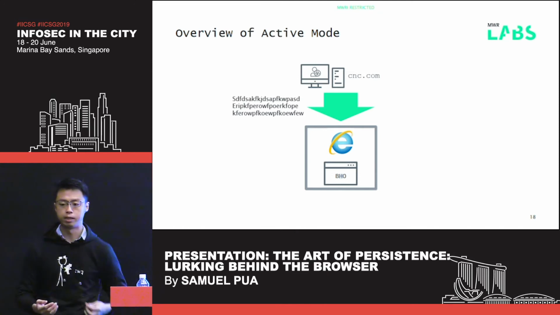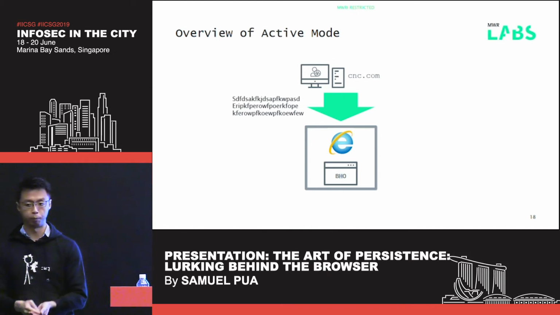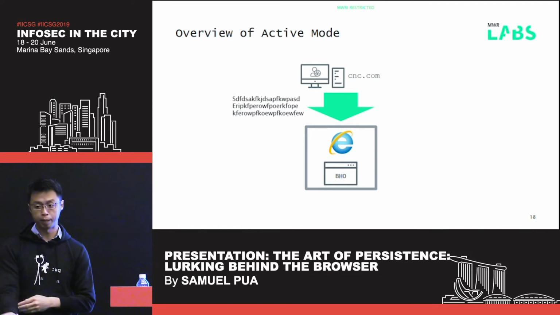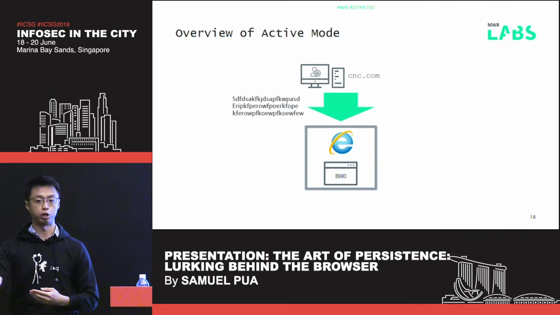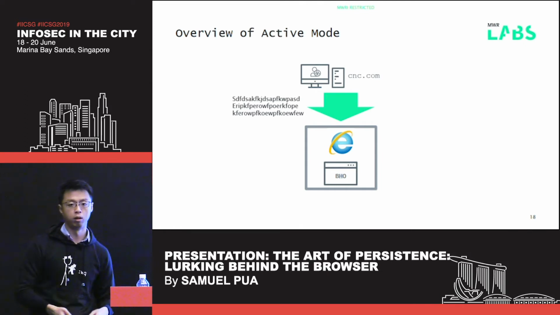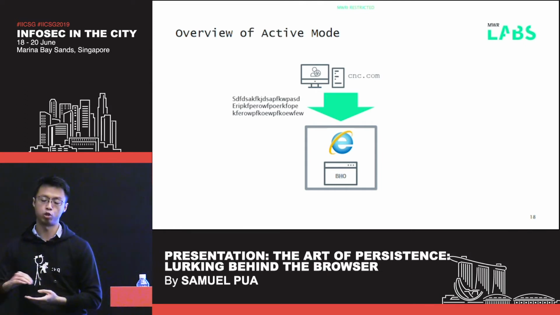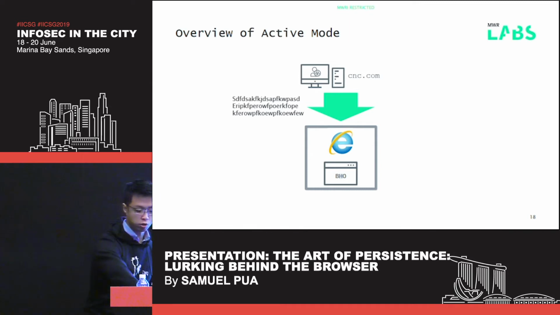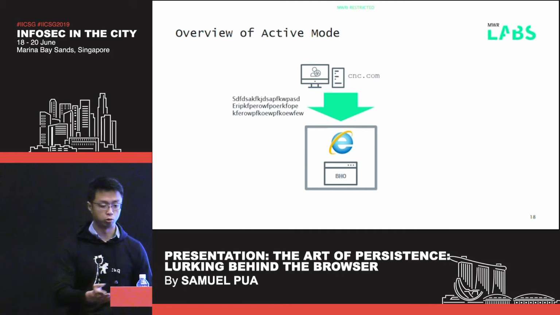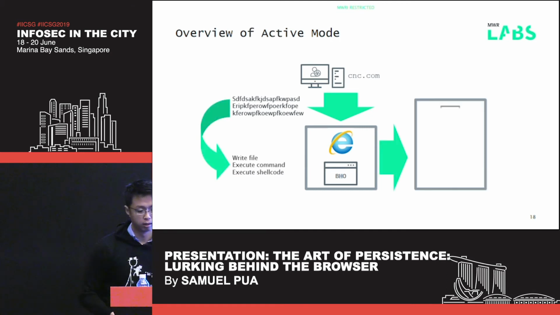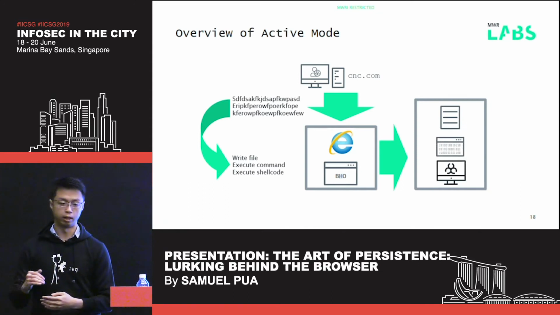Essentially, what this means is that even though the transport layer could be encrypted using HTTPS, for example, the SSL proxy will be able to decrypt it and view our instructions in plain. And this is not what we want. We want to make sure that our OPSEC is safe. We are able to send our instructions over without the defenders being able to know what we're trying to achieve. So the BHO within Internet Explorer could easily decrypt it, and thereafter does all the different things it needs to do.